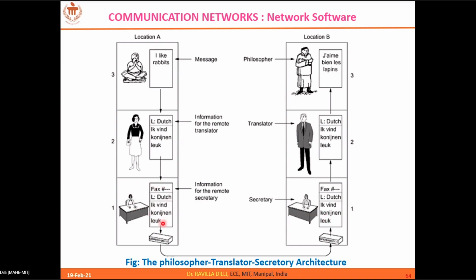If you use fax here and there you use a telephone to receive a call, then there is no compatibility. If you are using fax, you should use fax here to receive the content. If you are using the Dutch language here, you should use the same Dutch language there also. So the peer entities should follow the same set of protocols. But being a user, I need not do that.